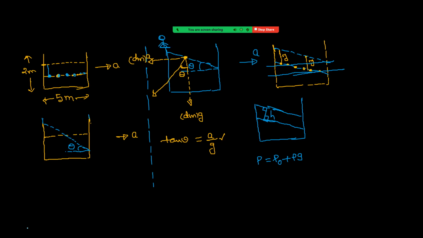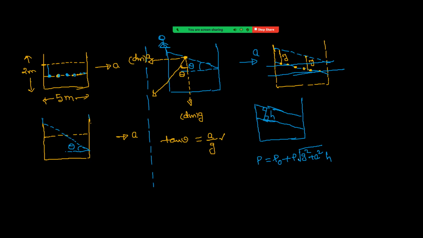Wait, in the place of g, we are writing square root of g square plus a square. See carefully, between these two layers, the distance is h. Then the pressure in that layer is equal to P naught plus rho, in the place of g, square root of g square plus a square, into h.